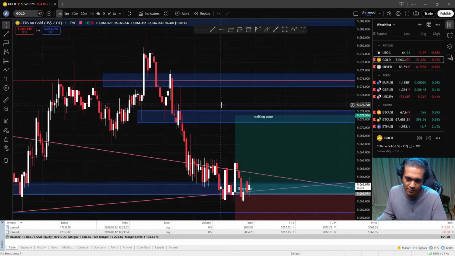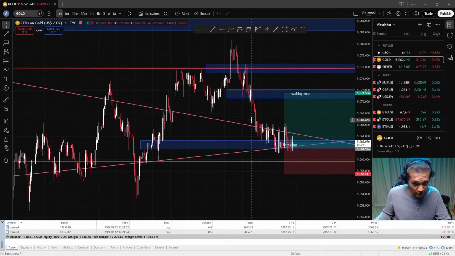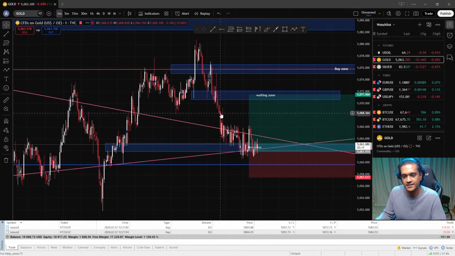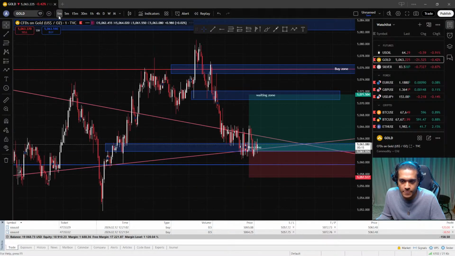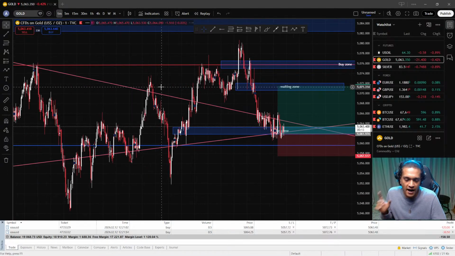If price makes a breakout, it will definitely make a pullback. Wait for the pullback to happen, then enter. Always wait after a breakout structure happens. Wait for a pullback, then enter.